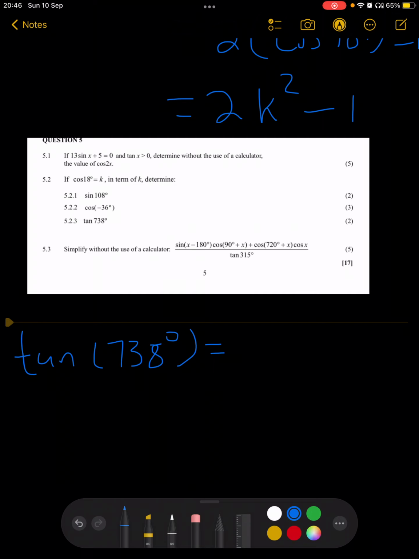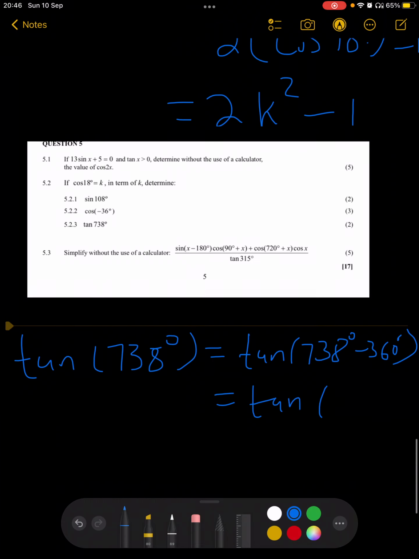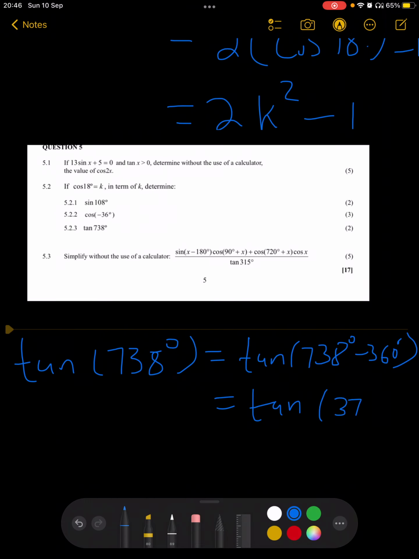So we need to subtract 360. If we do that, we say tan of 738 minus 360, that'll be tan of 378.